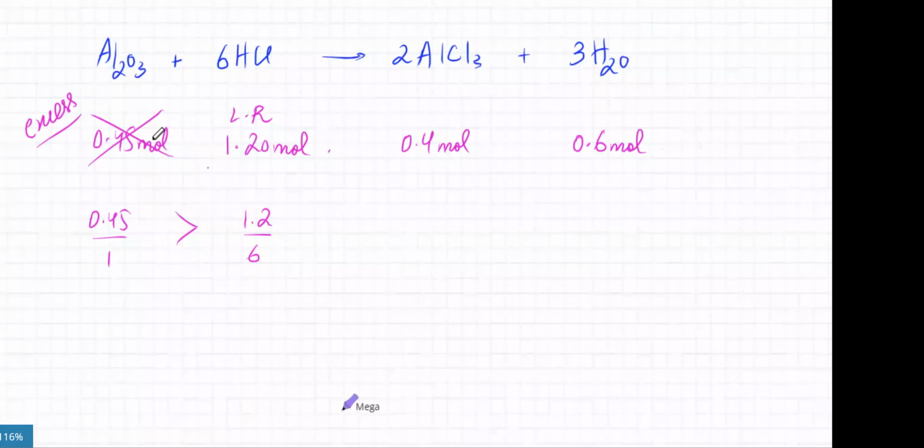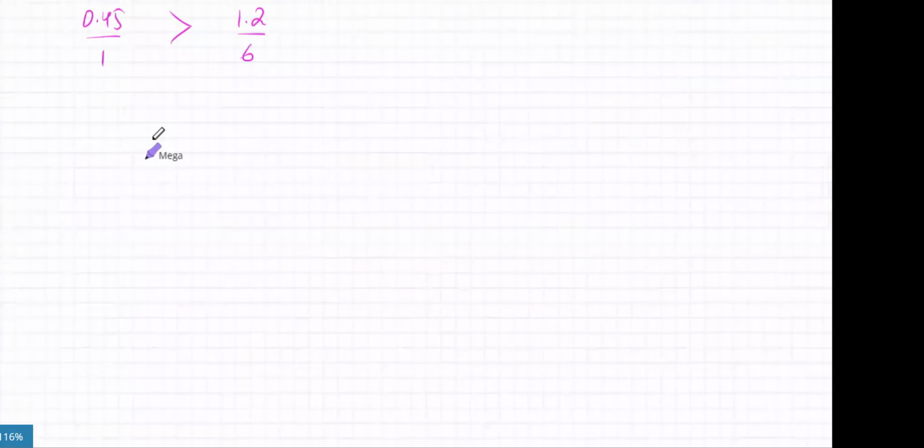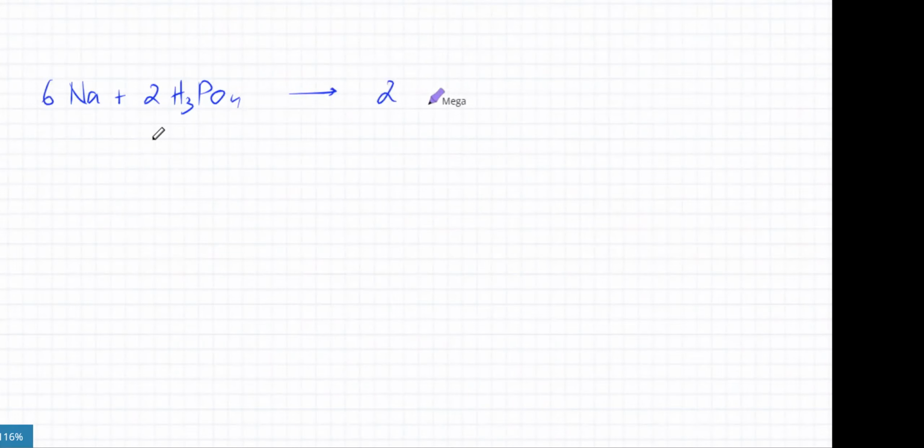Okay, now there isn't enough time to do anything else, so we'll do just one more question. Let's say there is Na plus PO4 plus 3 H2S.